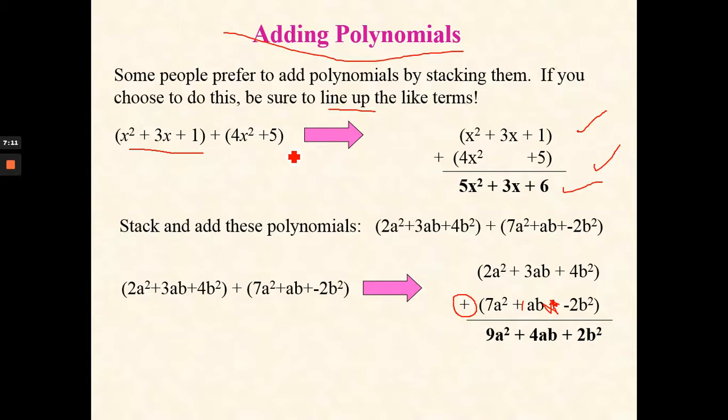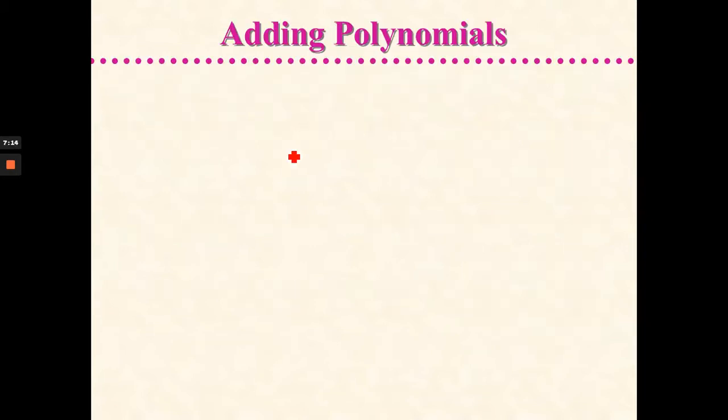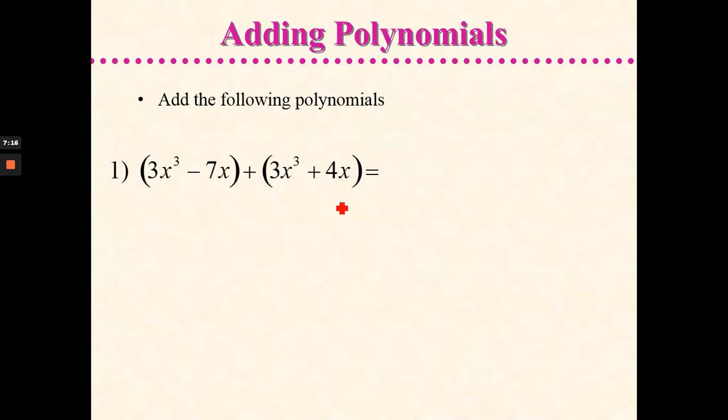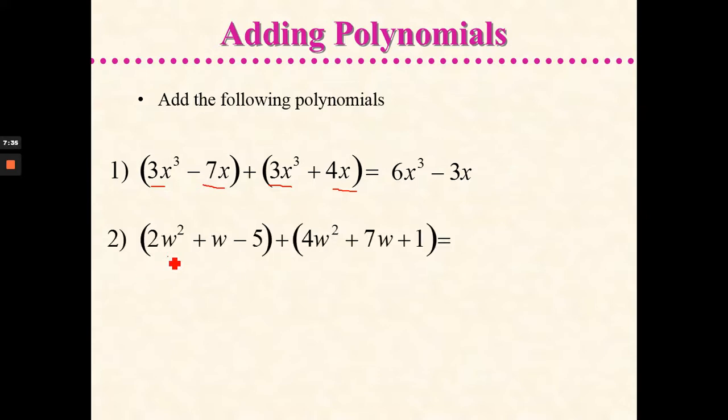Again, as I have told you, only like terms can be added. So we have here 3x cubed plus 3x cubed, that will be 6x cubed. And then negative 7x plus 4x, that will be negative 3x. Adding in the horizontal way, we have 2w squared similar to 4w squared, w similar to 7w, and negative 5 similar to positive 1.